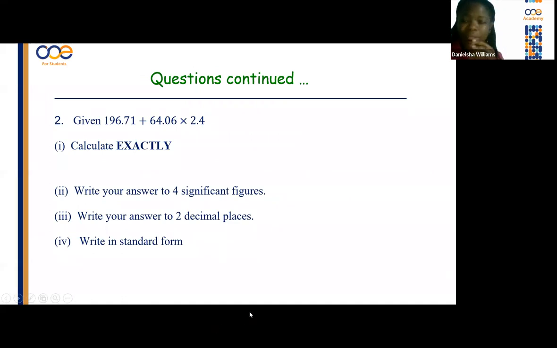All right, so this is now where it gets a bit tricky. We have to incorporate our knowledge of order of operation. So for this question item, you're using calculators, so that should be fine.